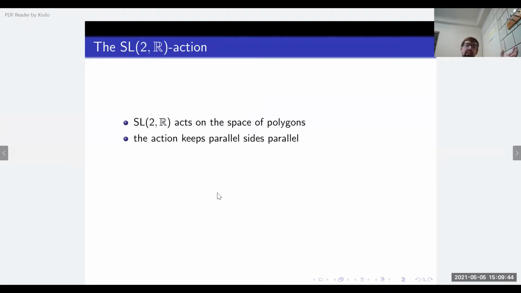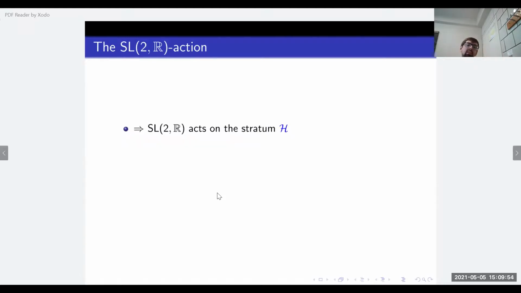And the nice thing is that the matrix multiplication keeps parallel sides parallel. So if I take a polygon and act on it by matrix multiplication, I get another polygon where I still have parallel sides. And since we identified the stratum with the space of polygons with parallel sides identified, we really get an action on the stratum. This is very abstract, but we can draw pictures very easily.